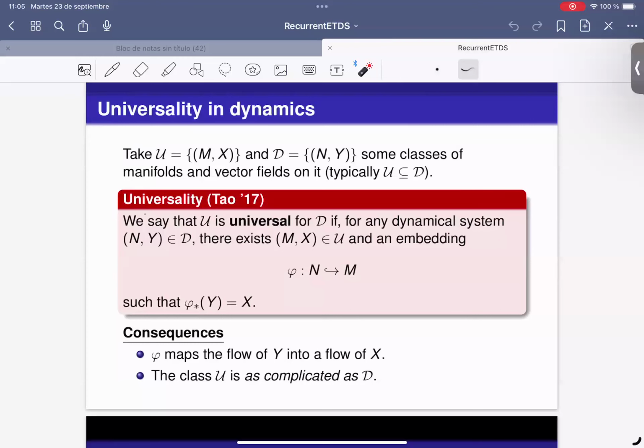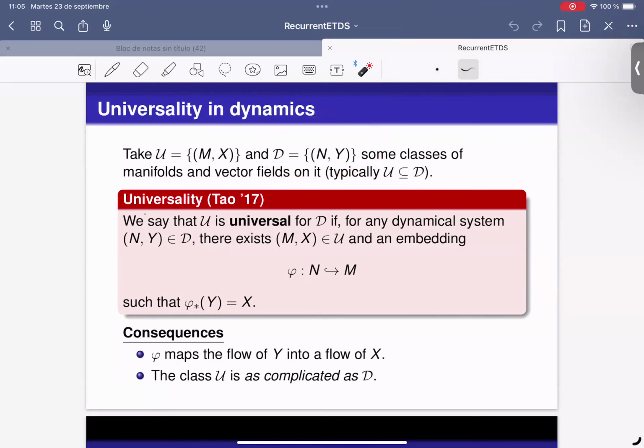So absolutely. The idea of universality is, suppose that we have a certain class of dynamical systems D, and with dynamical systems here I'm thinking about smooth continuous dynamical systems. So it's a manifold M and a certain vector field Y on it, and this is a certain class of dynamical systems.